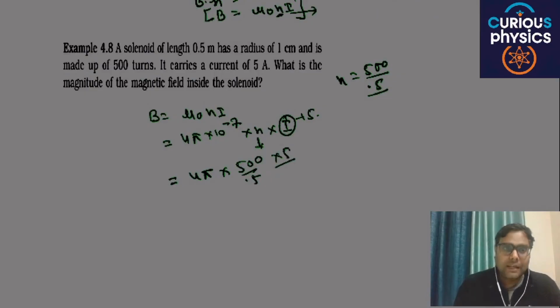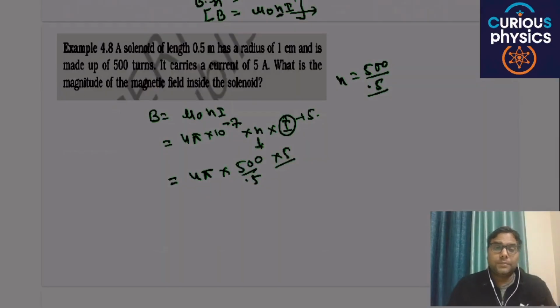You will easily get your answer, but the basic conceptual clarity should always be in your mind. What is small n? What is capital N? Here the 500 turns is the total number of turns. You have to find the value of turns per unit length. Are you able to understand or not?